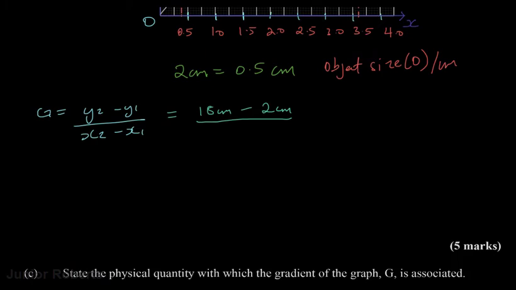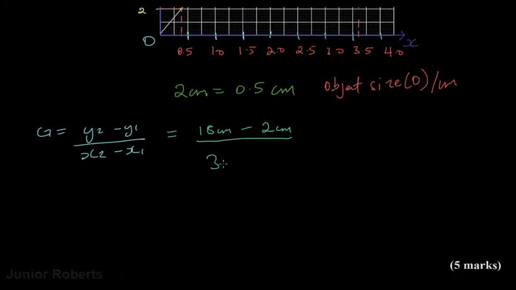So we'll say 3.6 centimeters minus 0.4 centimeters. Now we'll simply do our math, and when we take the difference, we're going to get 16 divided by 3.2.